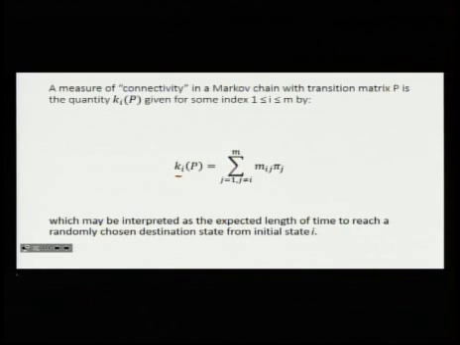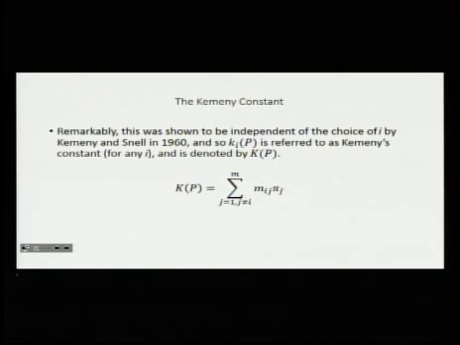But the surprising thing is that in 1960, Kemeny and Snell showed that your ki's are actually constant. It doesn't matter where you start from or where you end up. That expected number of transition steps only depends upon the structure of the underlying chain, on how well connected the chain is, which is kind of interesting. So it's just about the geometry of the chain, or the geometry of the digraph, that is to say.